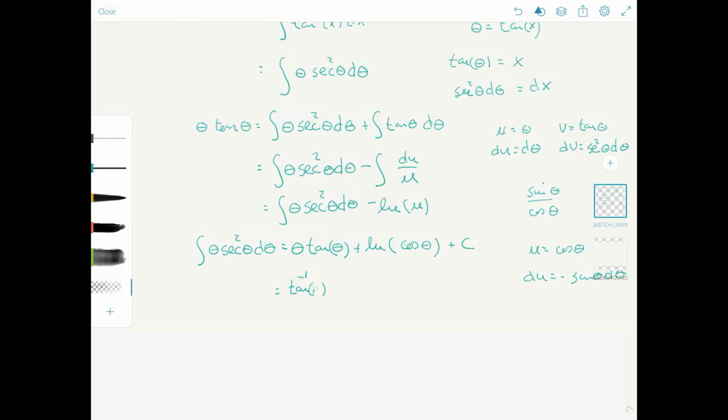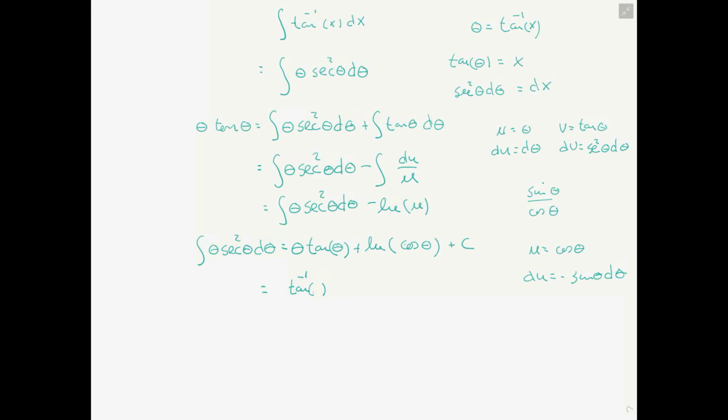I wrote this incorrectly because we're going to our original variables: equals x arctan x plus the natural log of cosine of theta.